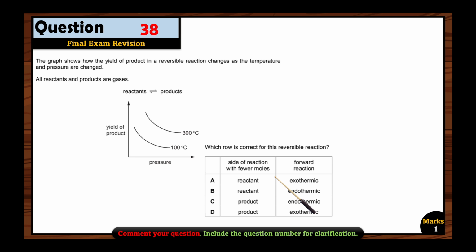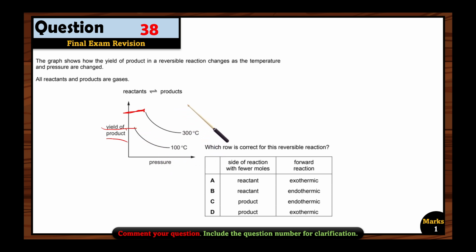Question 38. The graph shows how the yield of the product in a reversible reaction changes as the temperature and the pressure are changed. All reactants and products are gases. So which row is correct for this reversible reaction? First of all, let's see the yield of the product. When the pressure was lower, the yield was very high for both reactions.